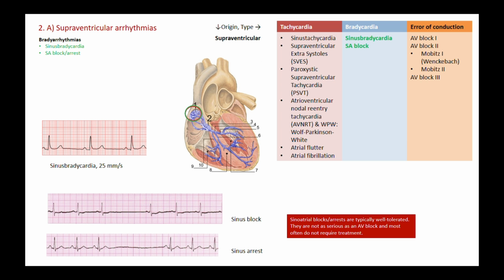Now, sinoatrial block or arrest is also a form of bradyarrhythmia, and what is happening there is either that the sinus node is taking a break for a moment, like here, sinus arrest, or the signal gets blocked within the sinus node. But usually these occurrences are self-limiting, and to distinguish between them is difficult on a normal ECG.